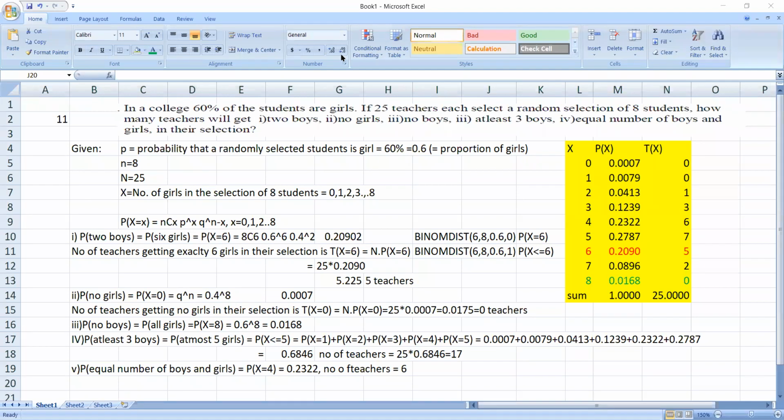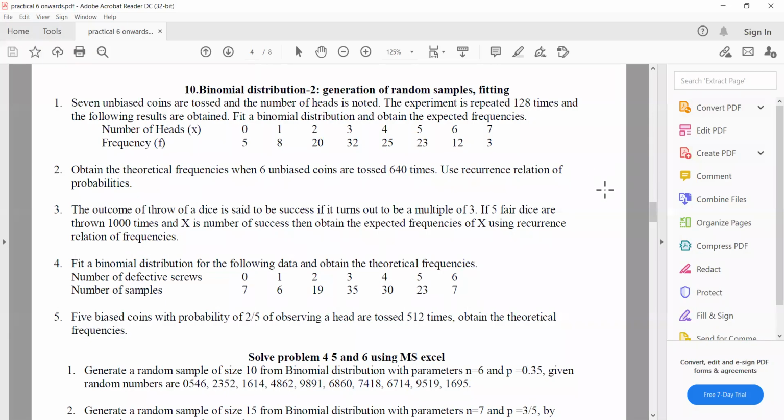Okay, so we'll move to next practical number 10, fitting and generation of random samples. So the first 5 problems are on fitting. So fitting indicates that you are observing some repetitive binomial experiments, and the question is how well it is binomial.